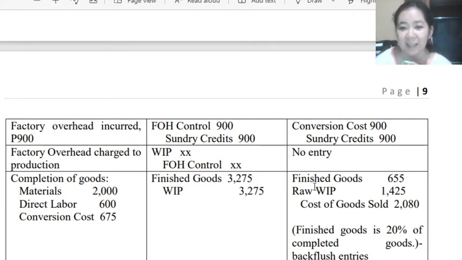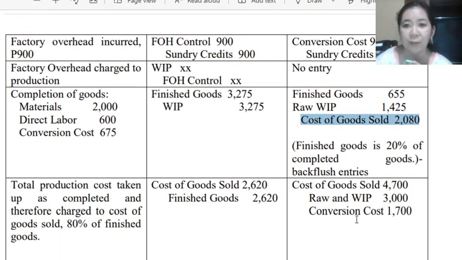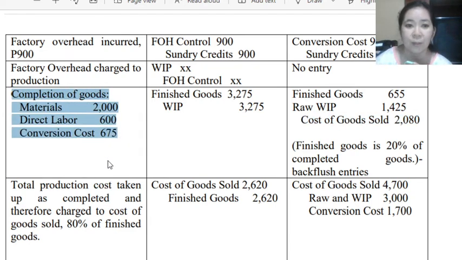So we just add these items, and cost of goods sold credit is equal to 2,080. So this is the entry under the just in time at the completion of the goods.